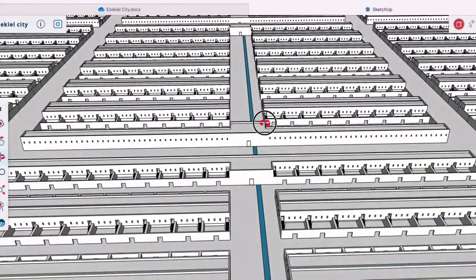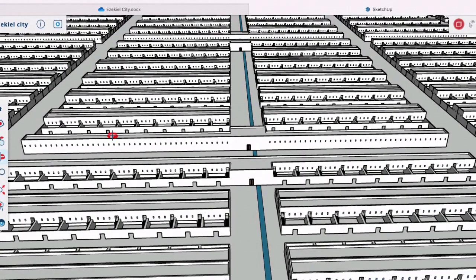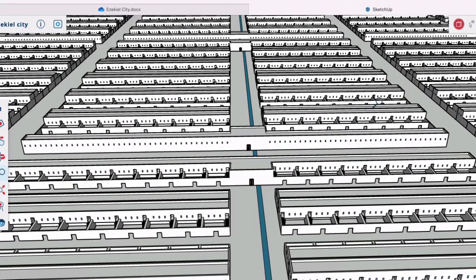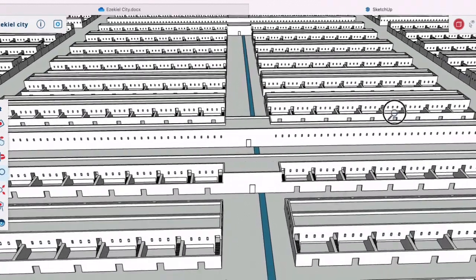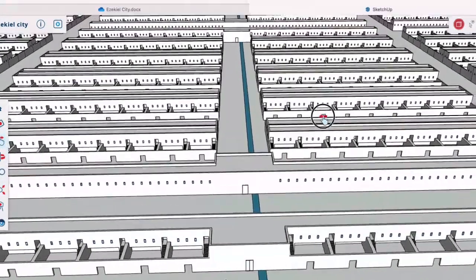Now, the information that we are getting for the dimensions of each house, each dwelling place, the gate, and the city block is coming from the information we found in the New Jerusalem scroll from the Dead Sea.